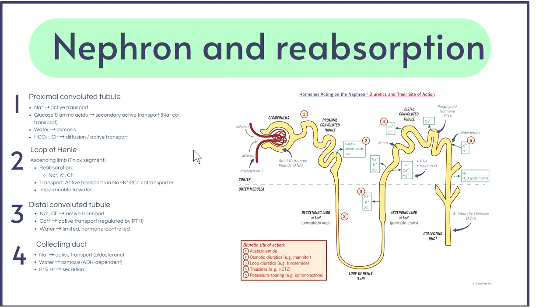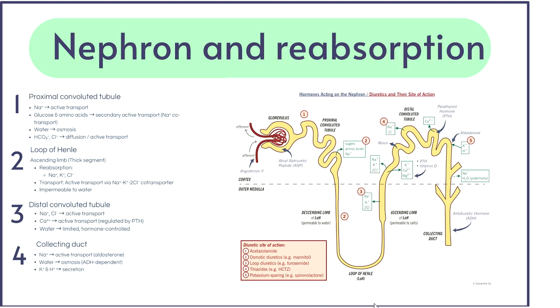So during the transport of the sodium, we are also going to use the energy and have co-transport of glucose and the amino acids. Afterwards, we're going to have reabsorption of water by osmosis, and as well reabsorption of bicarbonate and chloride. They will be reabsorbed with the help of simple diffusion or active transport.